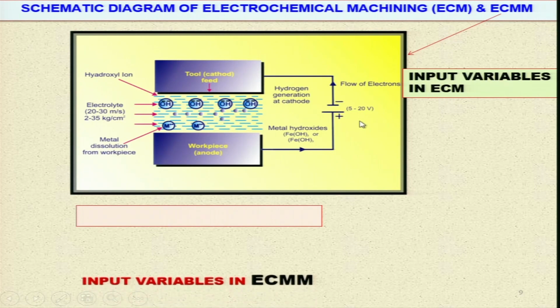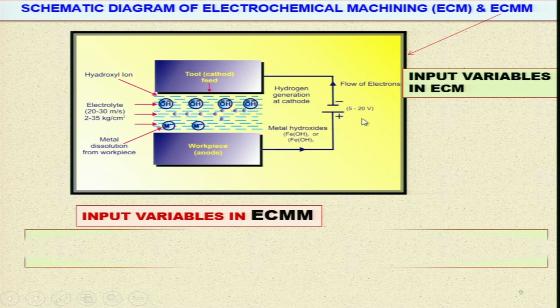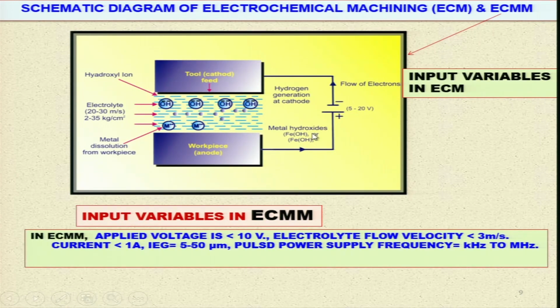These are the input parameters I have told you. Input variables in ECMM are the same as in case of ECM. In ECMM, applied voltage is less than 10 volt, while in ECM, as I mentioned to you, it may be as high as 5 to 30 volts.